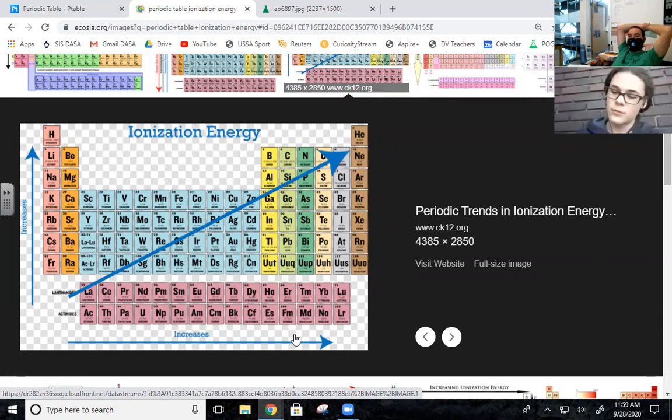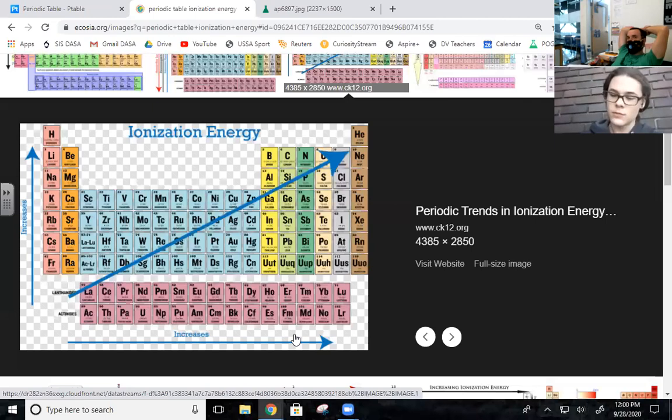Ionization energy. Yes, Christian. How much energy would you need to knock out the electron in helium? Helium is very difficult because its atomic radius is so small. Its ionization energy is very high. And I think that it takes something like 300-something kilojoules.